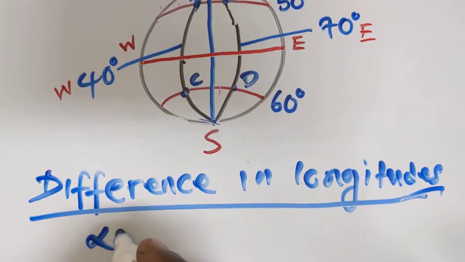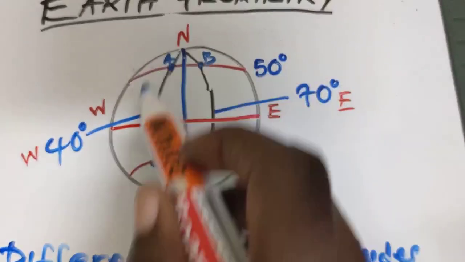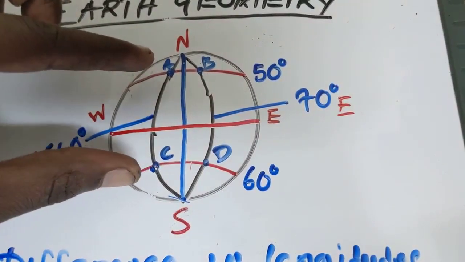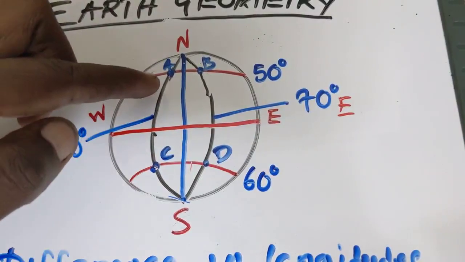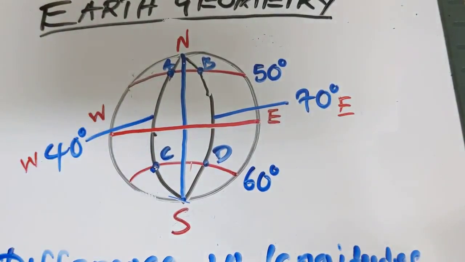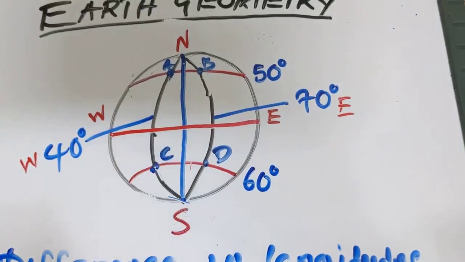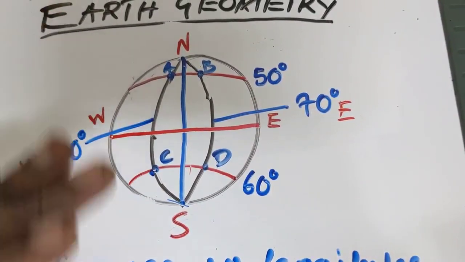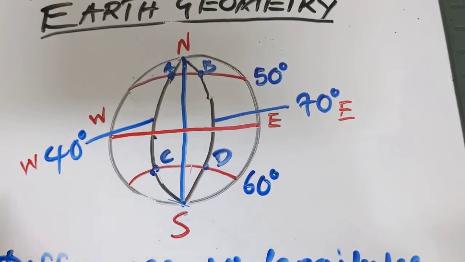So if you want to find the difference in longitudes between A and C, you should know this: when you are asked to find the difference in longitudes, you need to use the latitudes in which those points are.